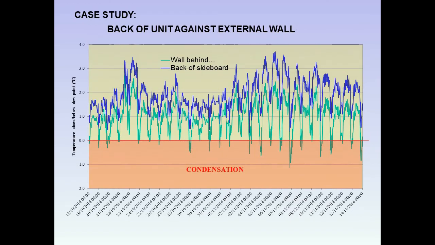And this is the actual data from there. Note the wall behind in green dropped below the dew point, hence we got condensation periodically. The back of the sideboard never did, or the back of the unit never did. And this is where the mould grew, because that particular material was susceptible to mould, and we're probably looking at primary or secondary colonizers.